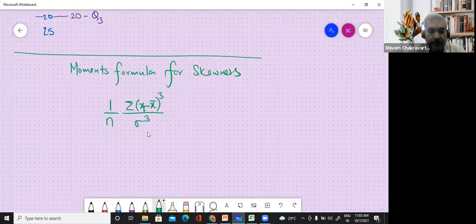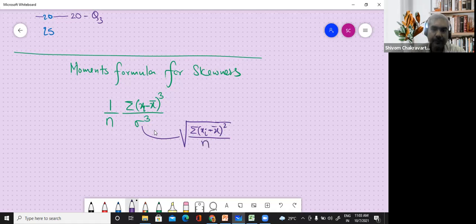Here is the standard deviation cubed. So we have to find the standard deviation first. What is the formula for standard deviation? The square root of the summation of xi minus x bar squared, divided by n.